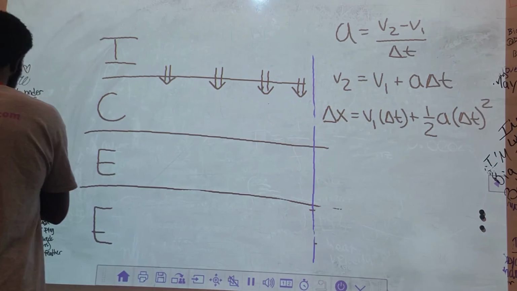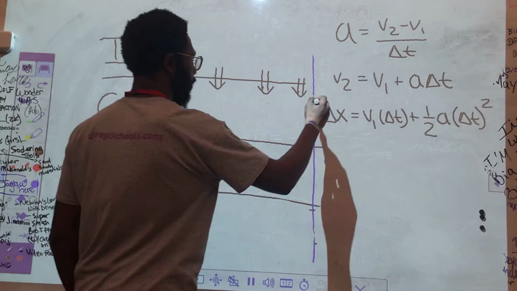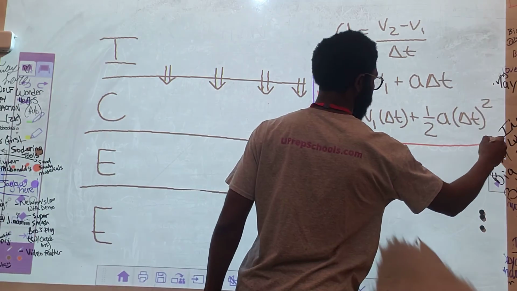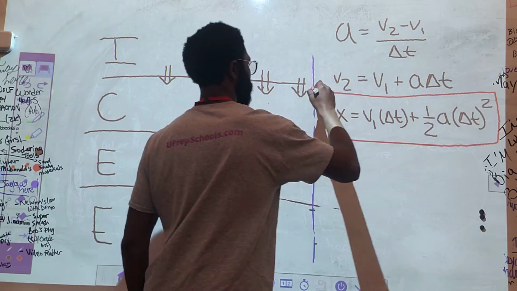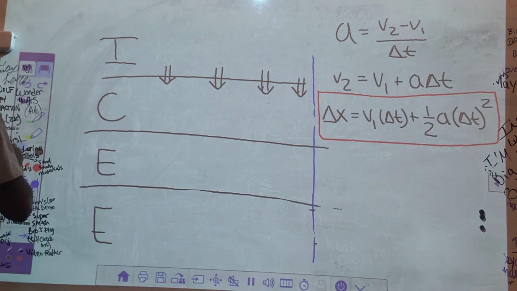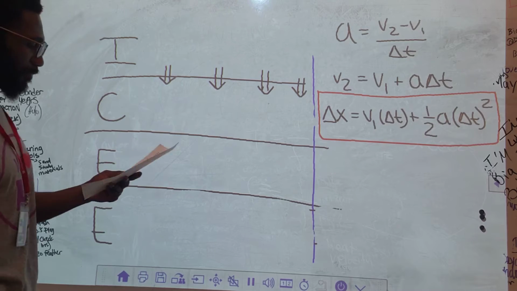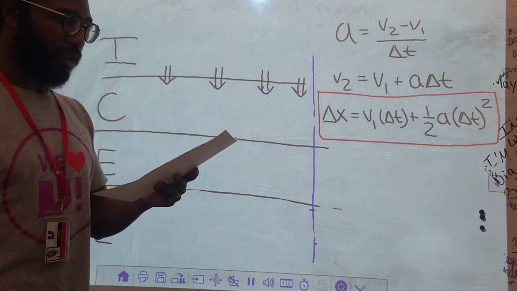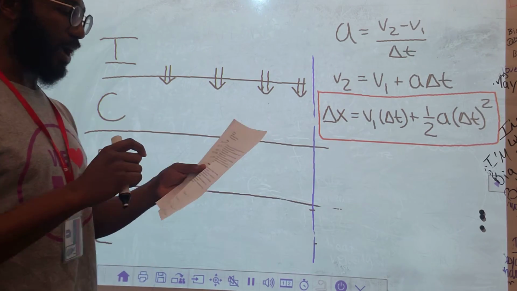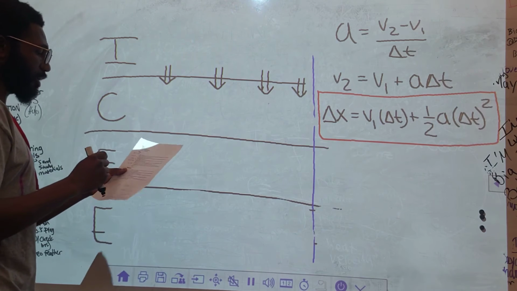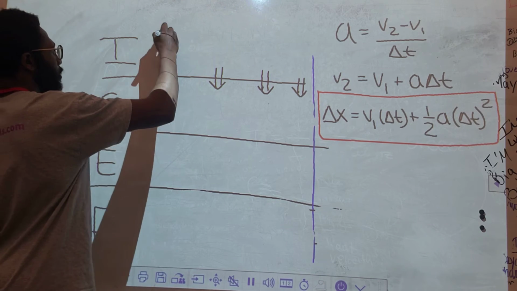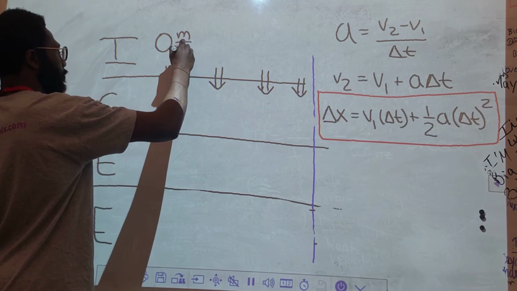So for our last problem, we're working with our final equation, equation 3. All right. So for this problem, the problem says the initial velocity of a track runner is 0 meters per second. Okay.